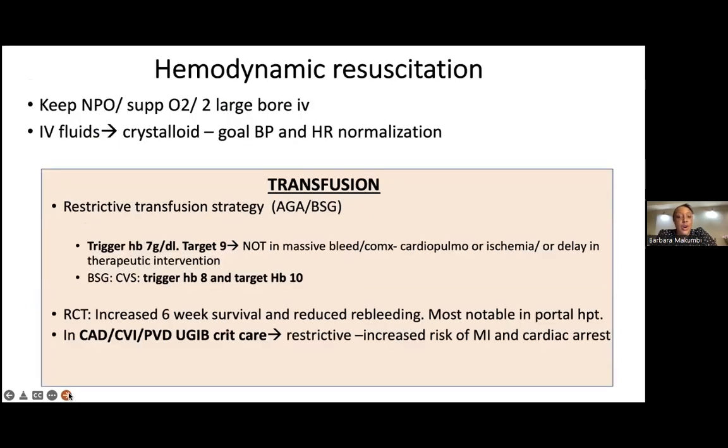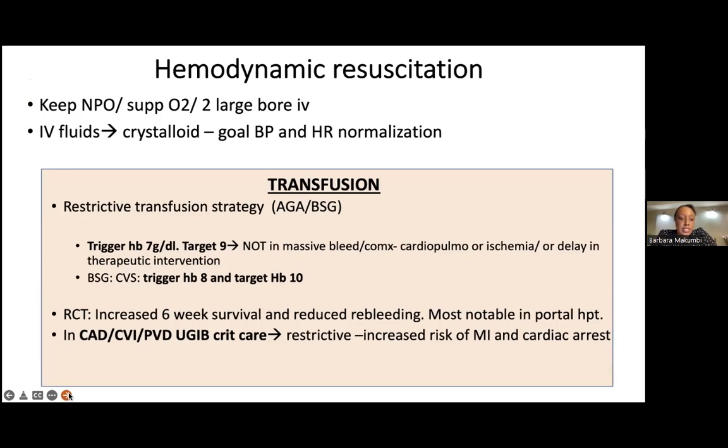In terms of resuscitation, you do your ABCs for the patient. It's advisable to give IV fluids, crystalloids particularly. And looking at transfusion, both AGA and the BSG promote restrictive transfusion methods.